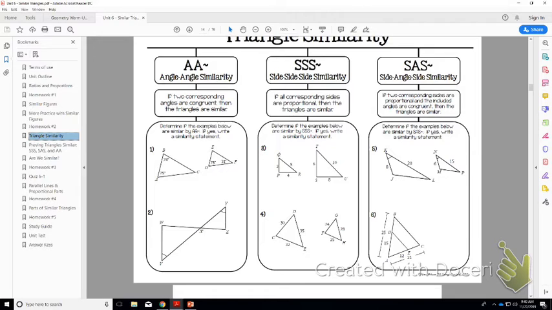So the angle-angle similarity basically states that if two corresponding angles are congruent, so you have two sets of angles that are congruent, then you can say that the triangles are similar. I want you to think about that for a minute. You've got two sets already congruent.